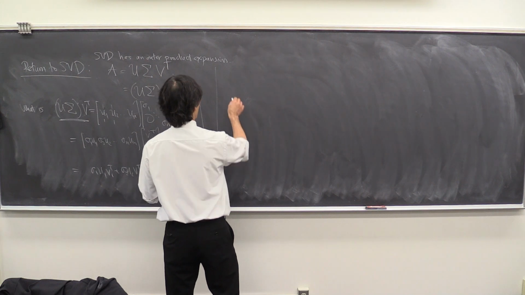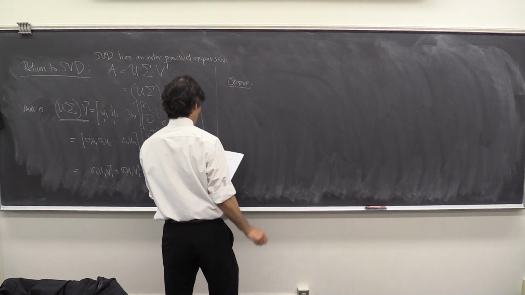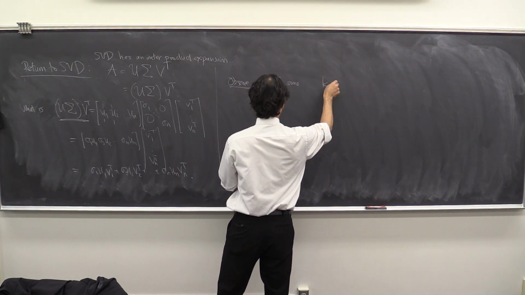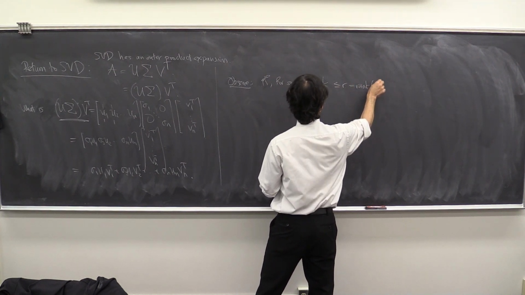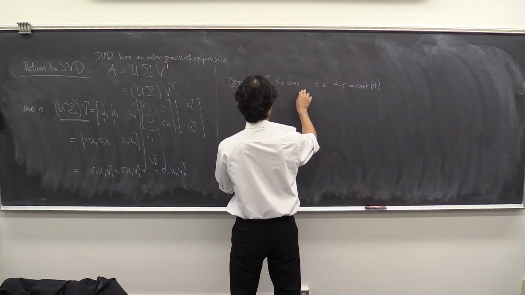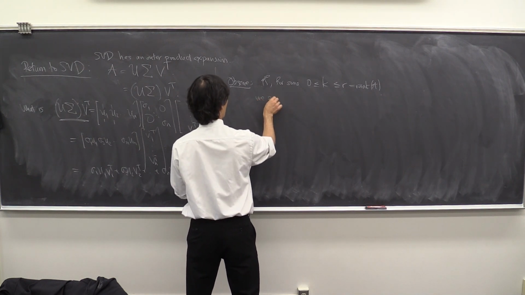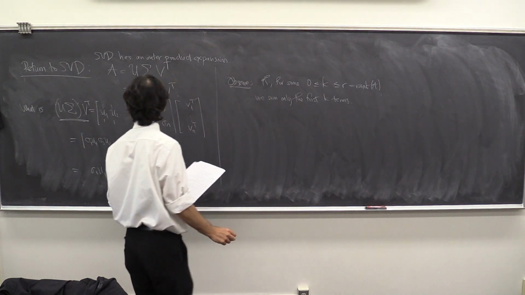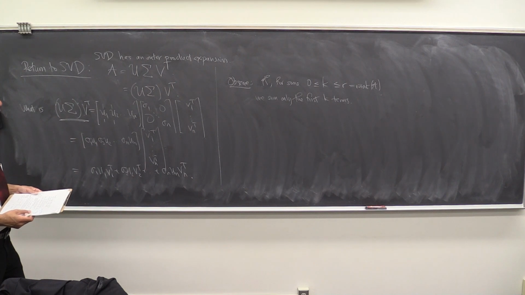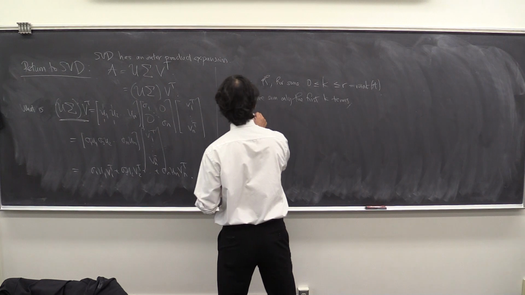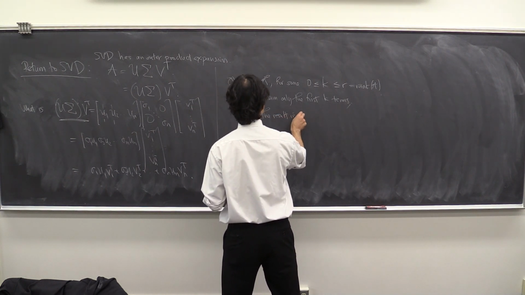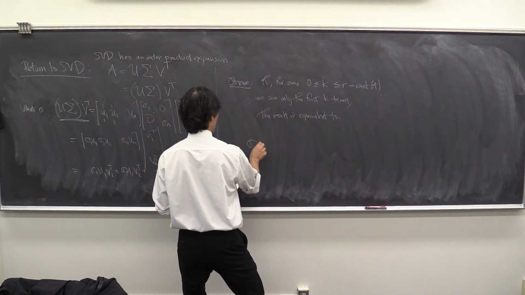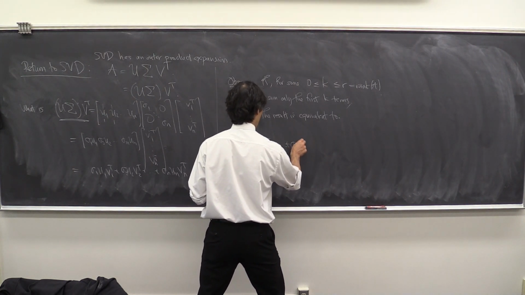Okay. So now observe, if we sum, for some k smaller than the rank of A, only the first k terms, the result would be sigma 1 u1 v1 transpose up to sigma k uk vk transpose.